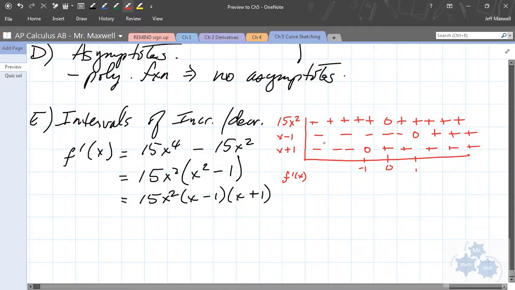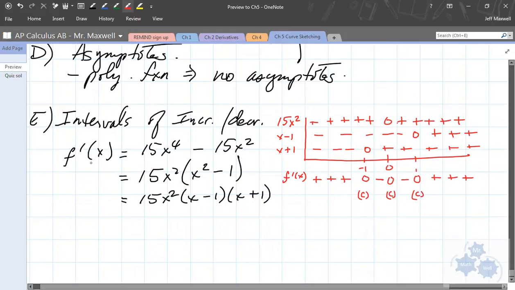So the derivative is positive in this interval. It's 0 at negative 1. Again, that's our critical number. This is positive times positive, so that's a negative there. 0 here, negative here as well. 0 here, and positive here. Okay? So this is what our first derivative looks like, and these are also critical numbers.